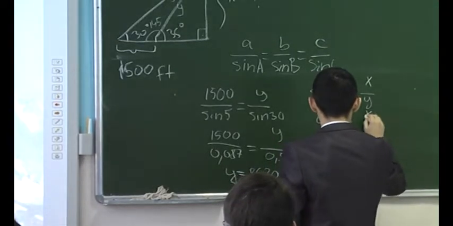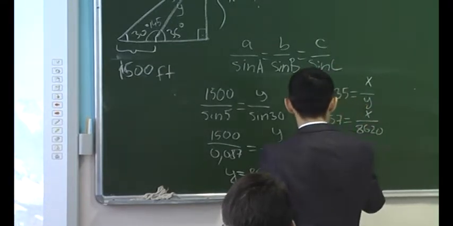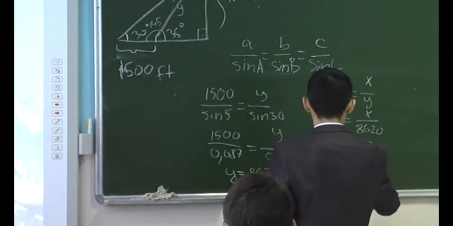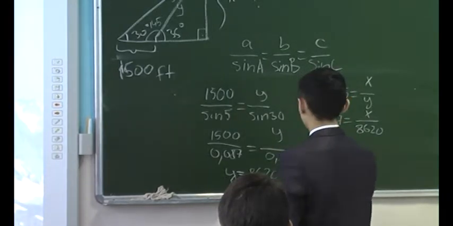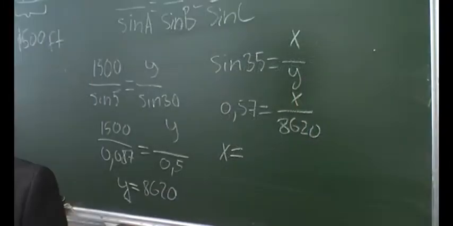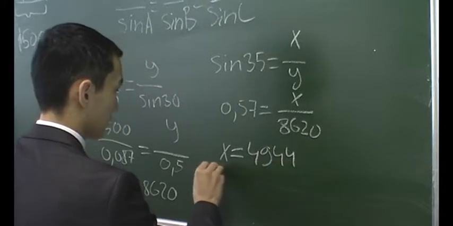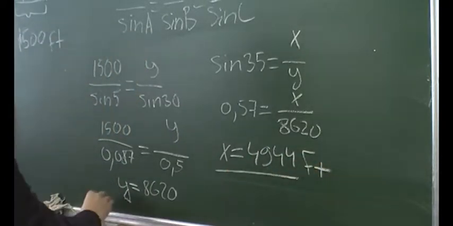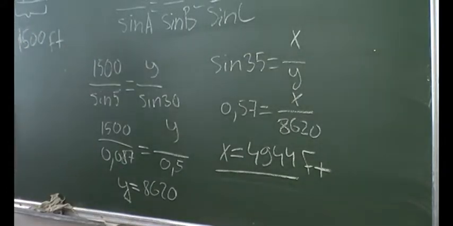So x equals 0.57 times 8,620, which gives us 4,944. This is in feet, and this is the height of the mountain. Okay, thank you, sit down, please.